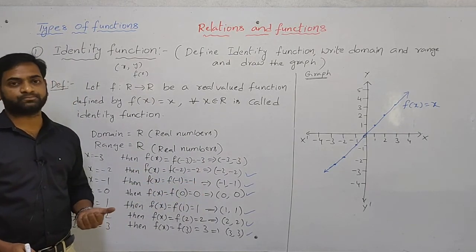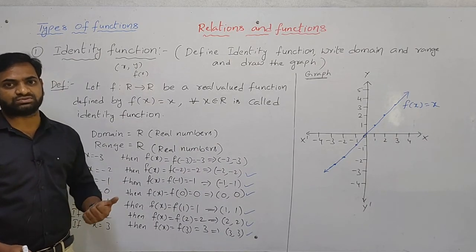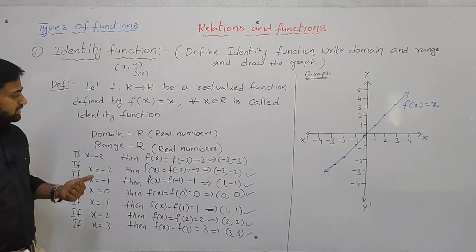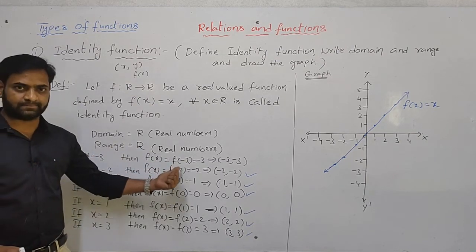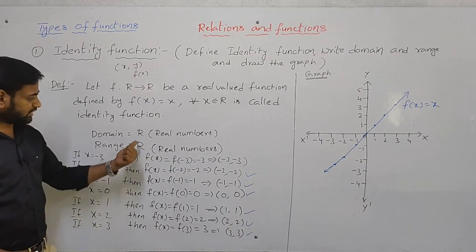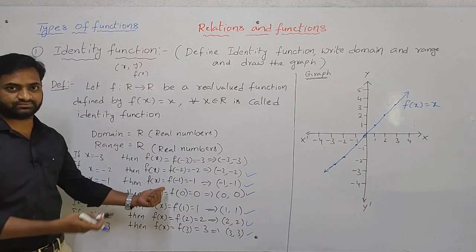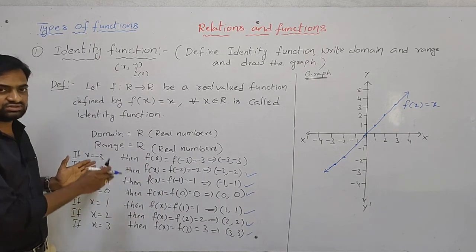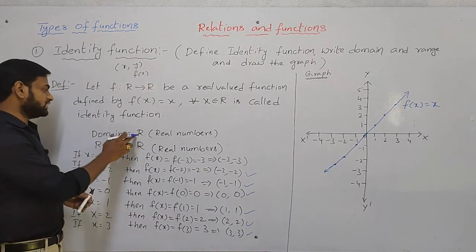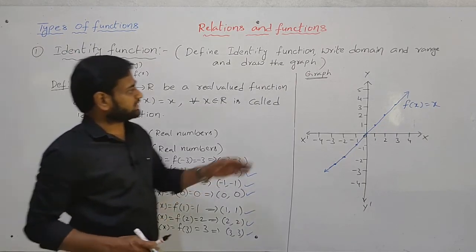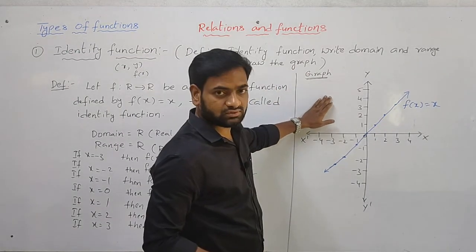That means x and f of x both have same values. Then domain and range also same, because x values are domain, f of x values, that means result, is range. So domain and range both are same. So that's why domain is real numbers, range also real numbers. And next, this is the graph.